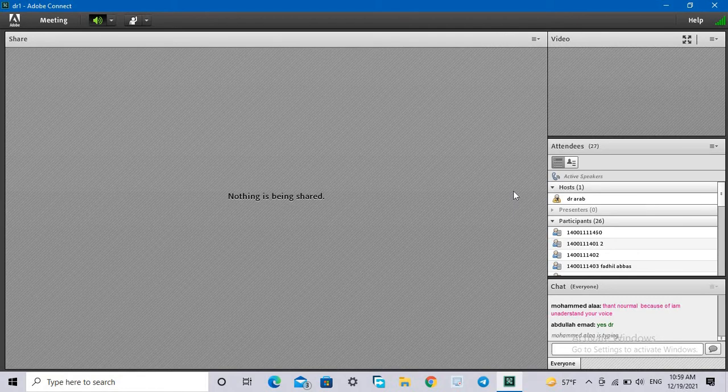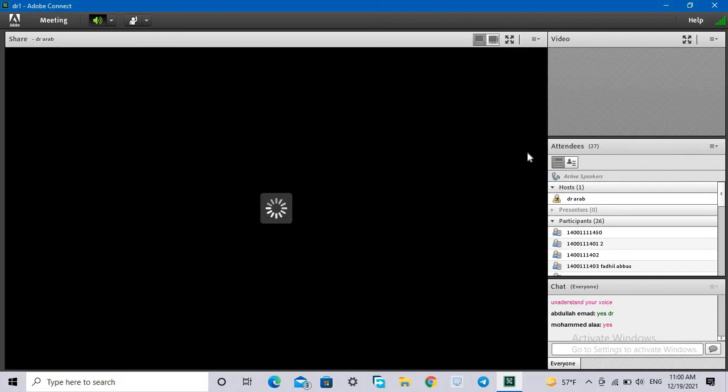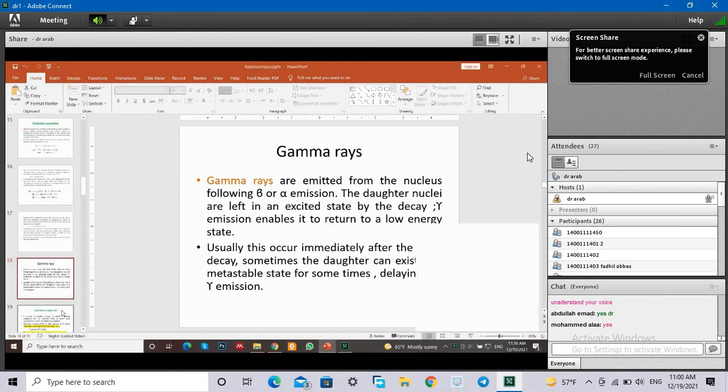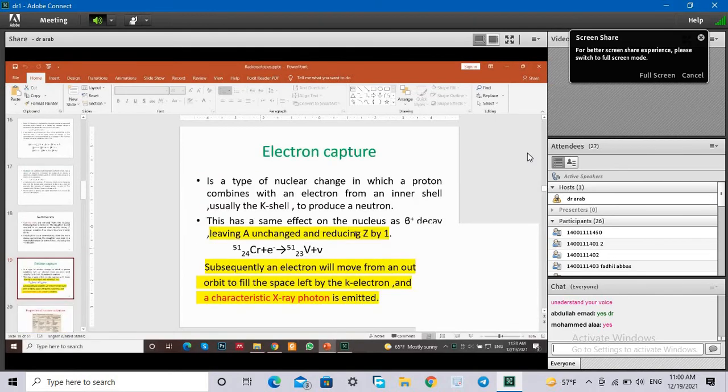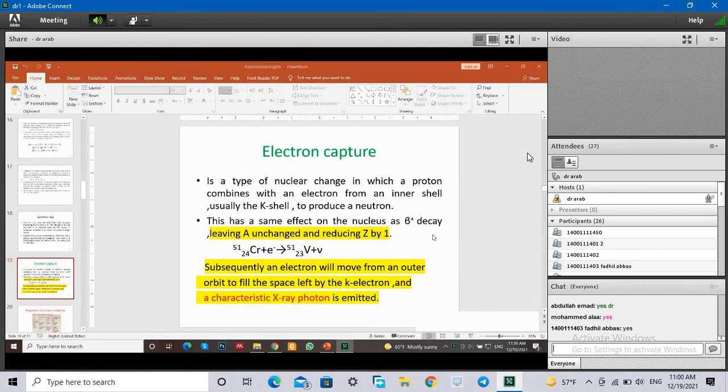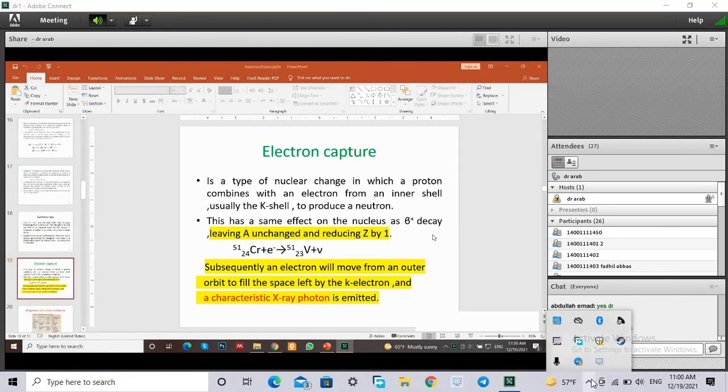And the last reaction for the end of this section I want to teach you is electron capture. Electron capture is another interaction that occurs in radionuclide emission.